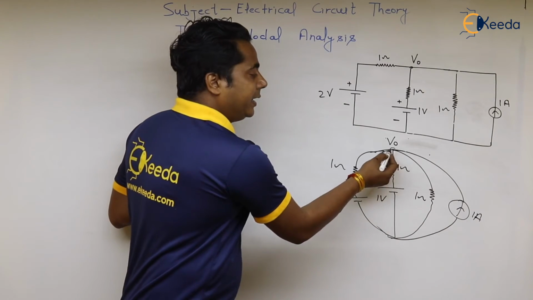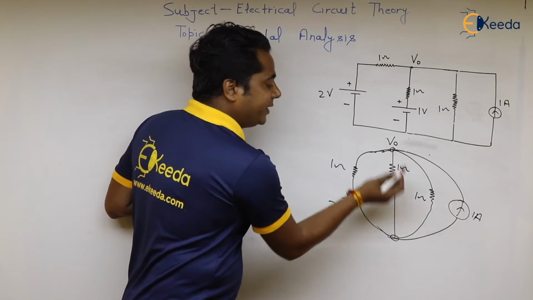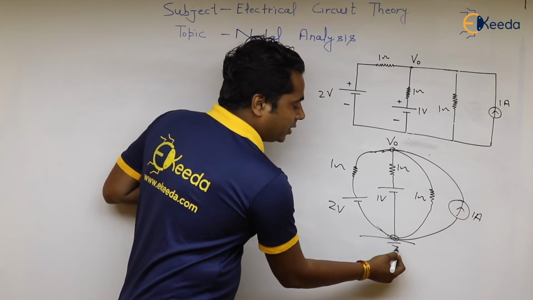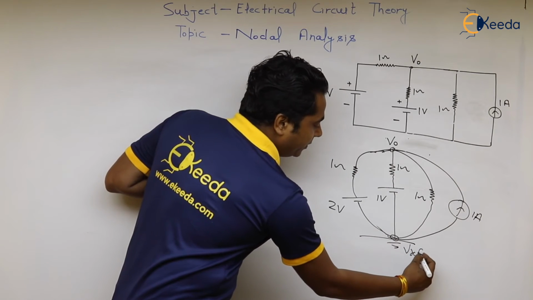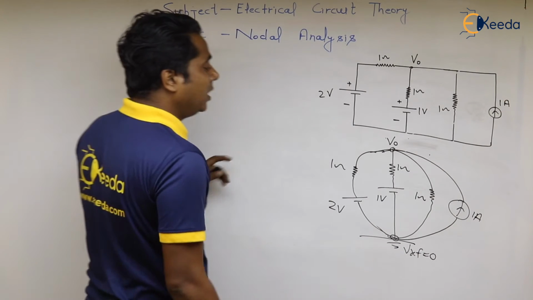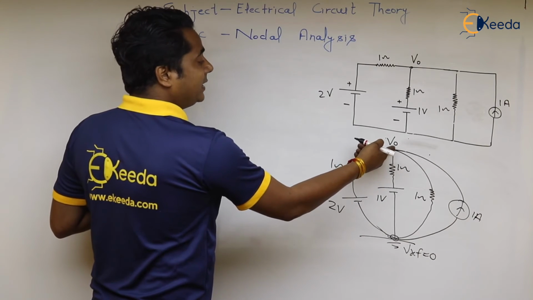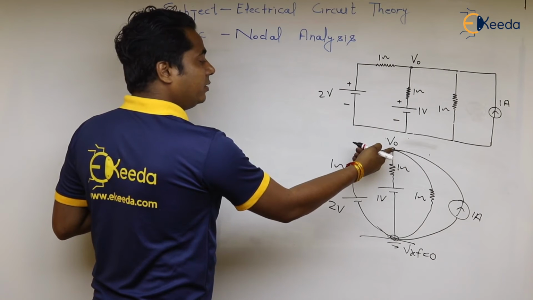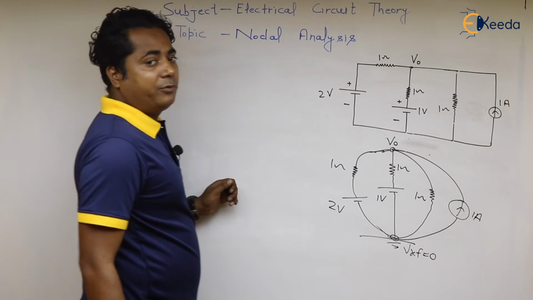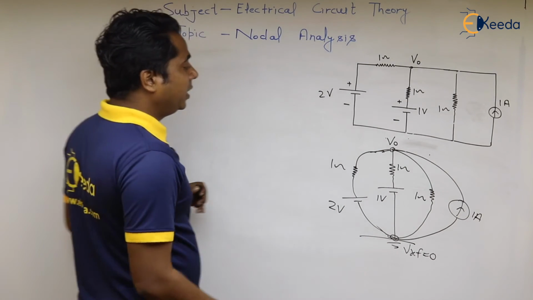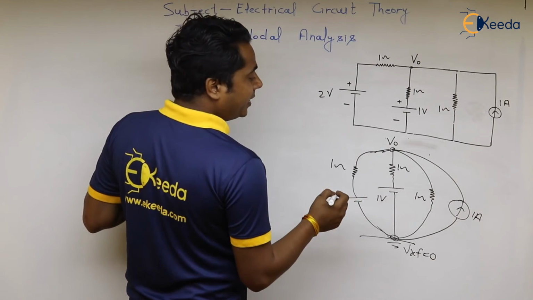Here you can see easily we have two principal nodes and one will be taken as reference. So V reference will be equal to 0. So we have to calculate only V naught, and this is the only non-reference node, so we have to apply one KCL only.